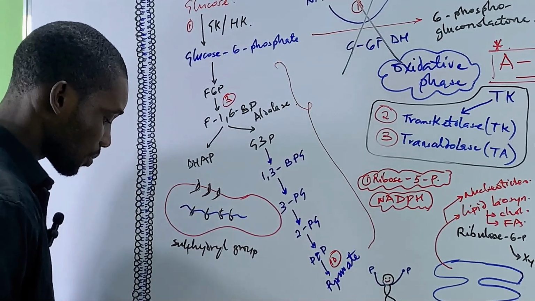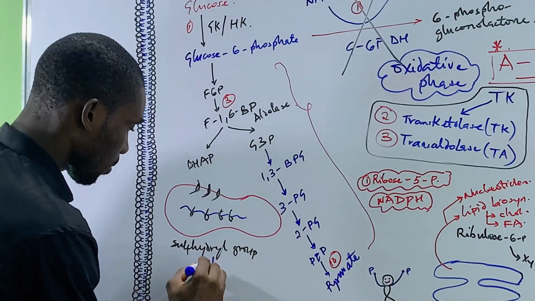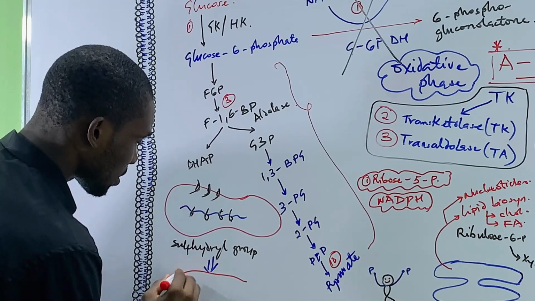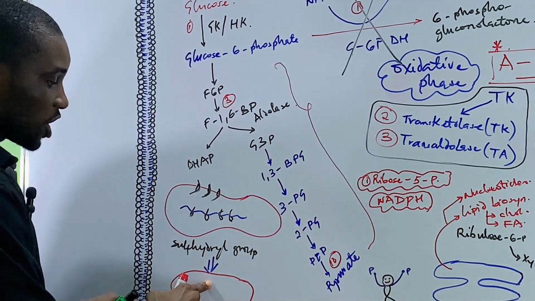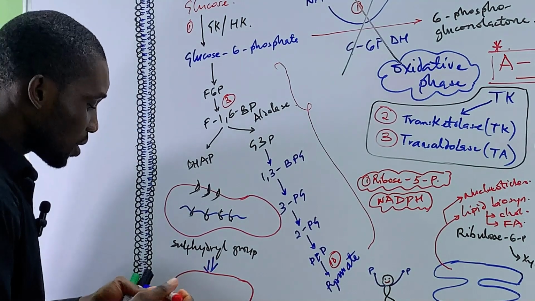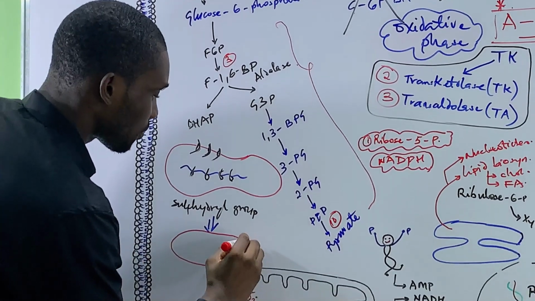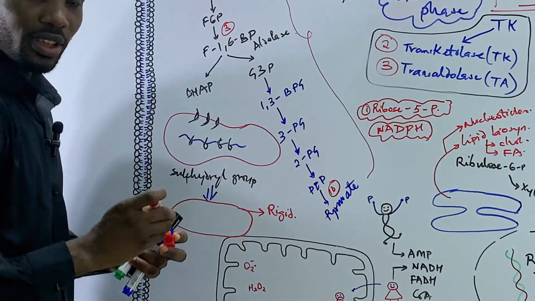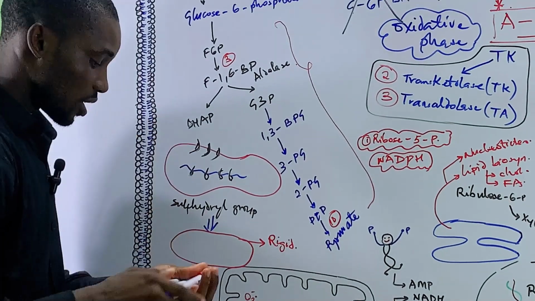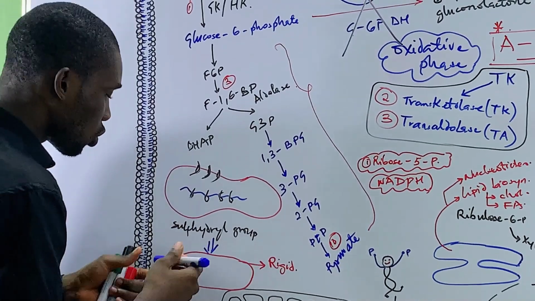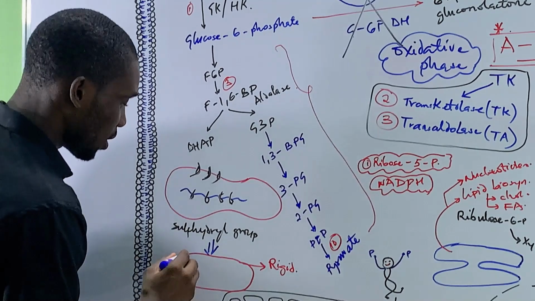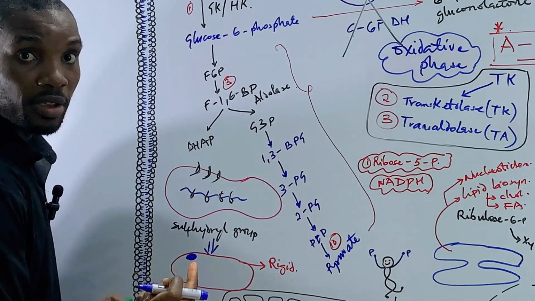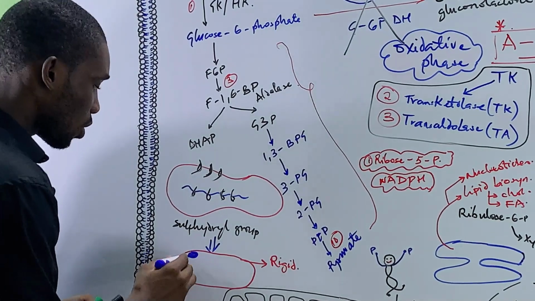One of the things it would lead to is a change in the membrane, right? So the membrane becomes what? Rigid. That's one. And secondly, the hemoglobin will become denatured and then it will now clump and attach to the membrane. And this is called what?